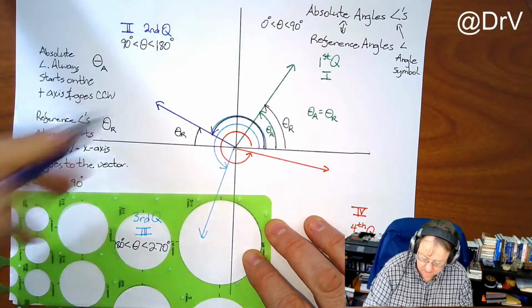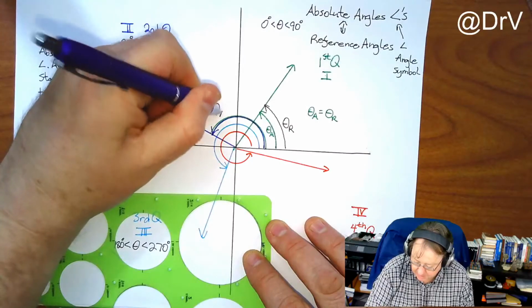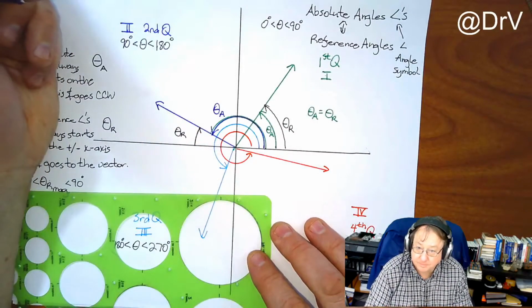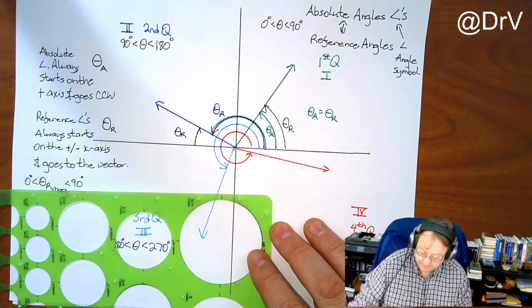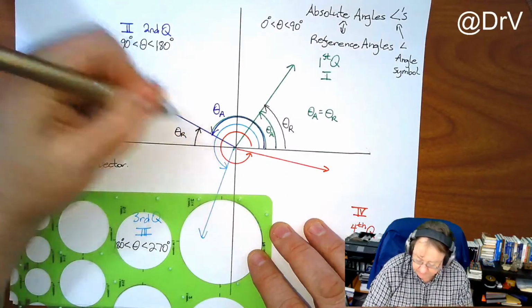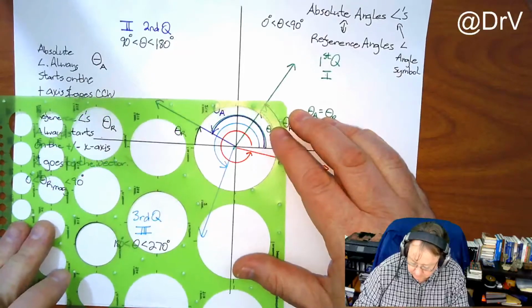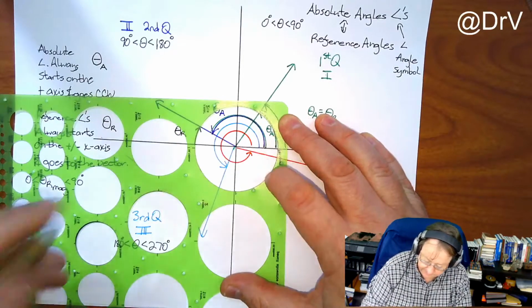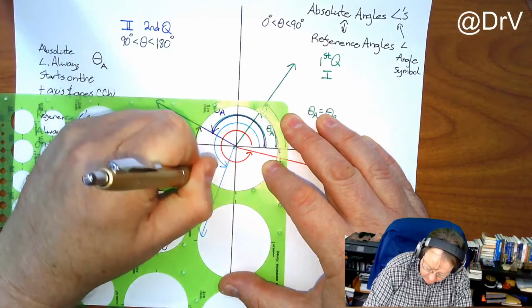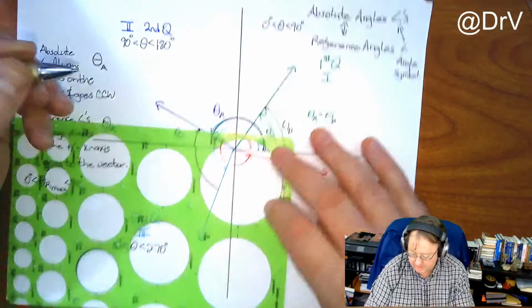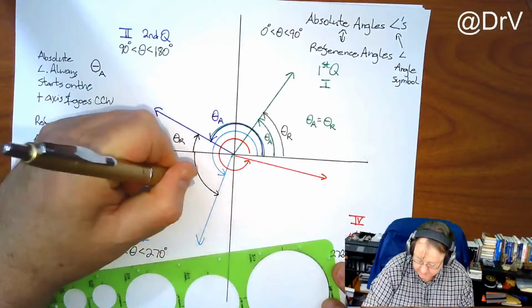And this is your absolute. For your third quadrant, it's like this.